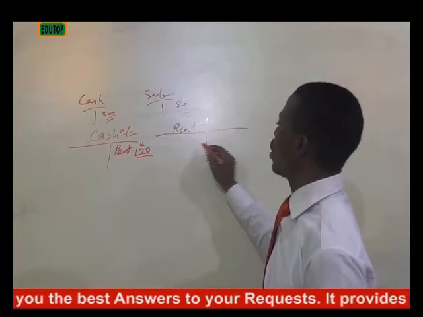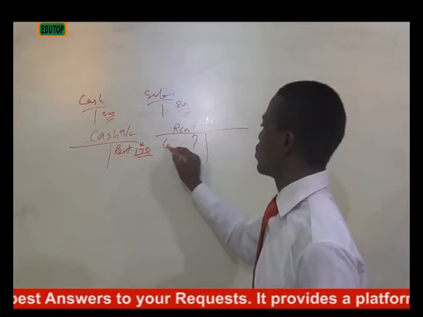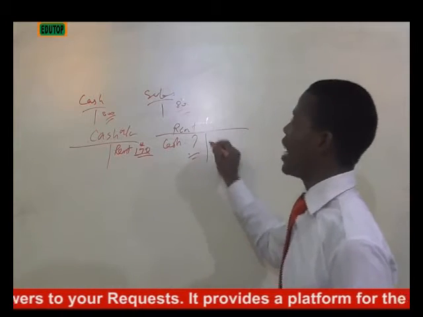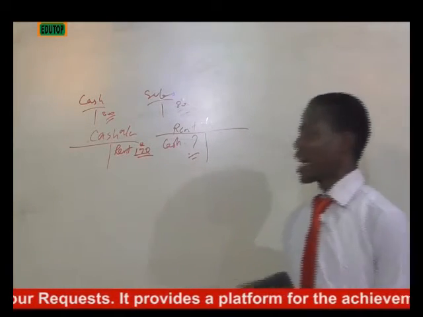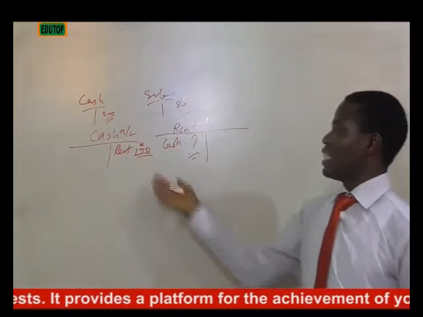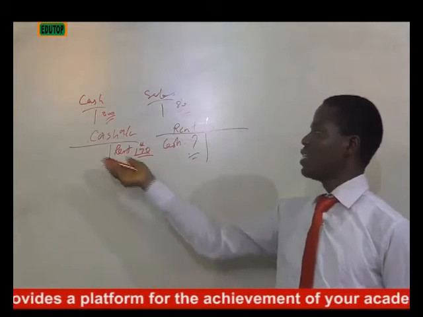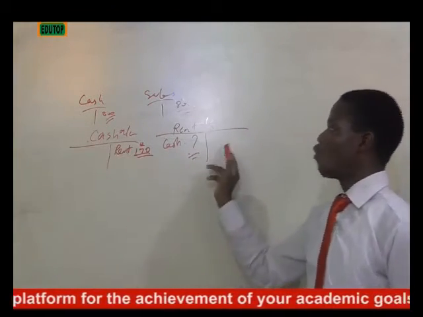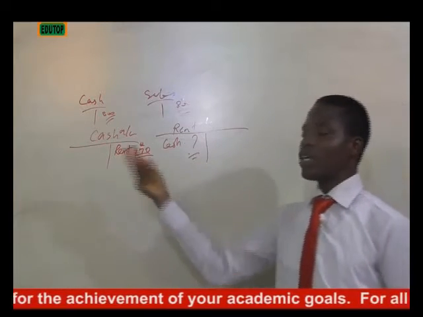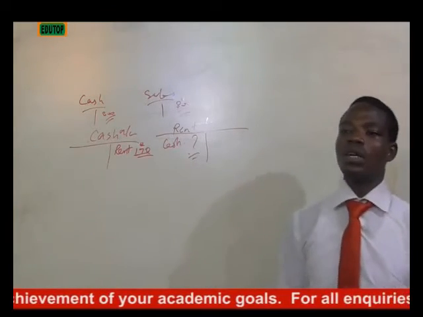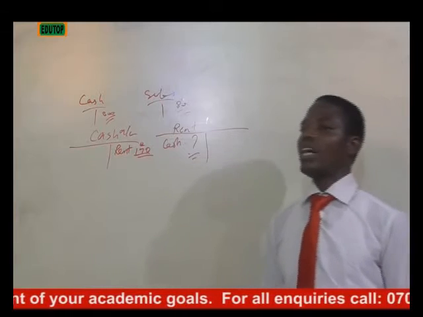That means it was omitted in the rent account. So the cash book will be transferred into the trial balance, of which this rent will not be included in the trial balance.